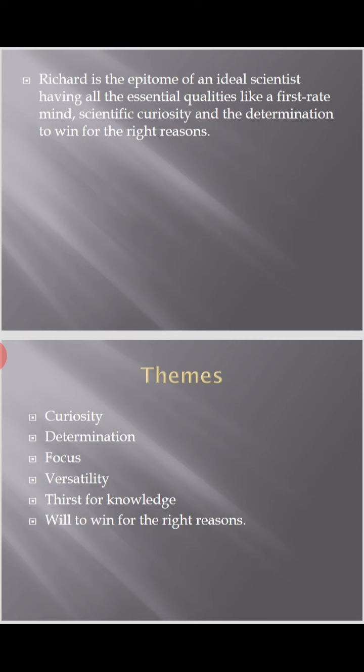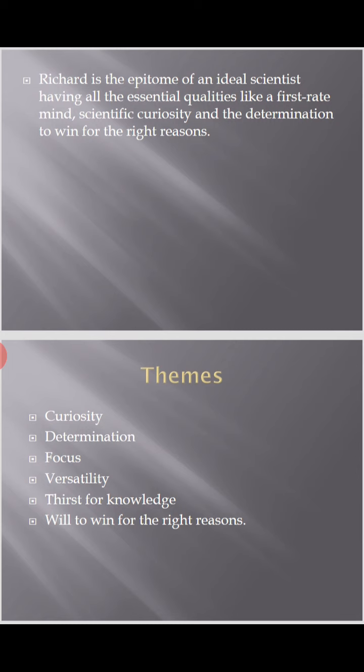Let's see the themes. The first is curiosity, that Richard Ebright has got this scientific curiosity right from the beginning. Then he has got the determination, that is the determination to do something grand in the field of science. His initial love was to study butterflies, but later on, as things progressed, he was determined to do something grand in the field of science.